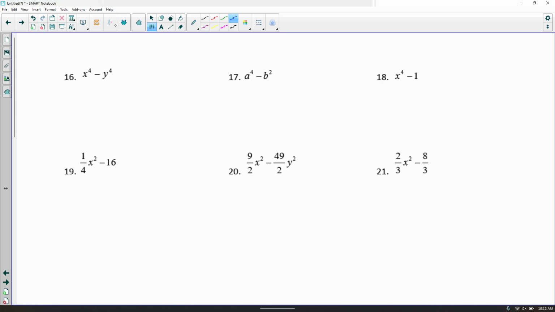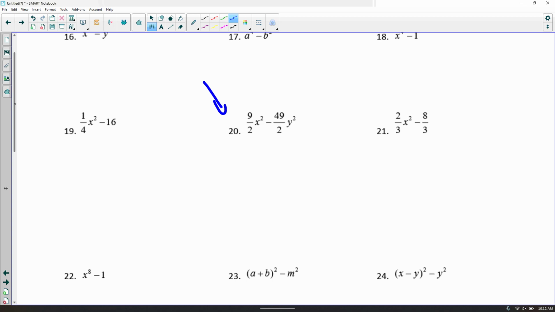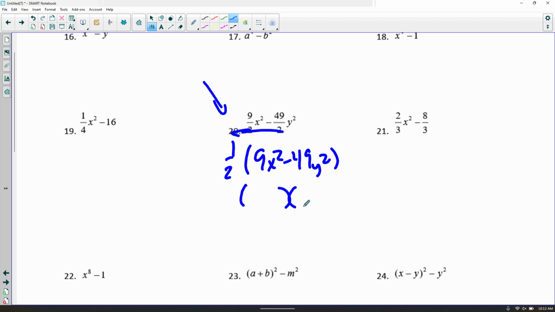What are you going to do with this fraction in number 20? You just yank it out, go 1/2, right? 9x squared minus 49y squared. You guys know what that is. 3x, 3x. 7y, 7y. One's positive, one's negative.